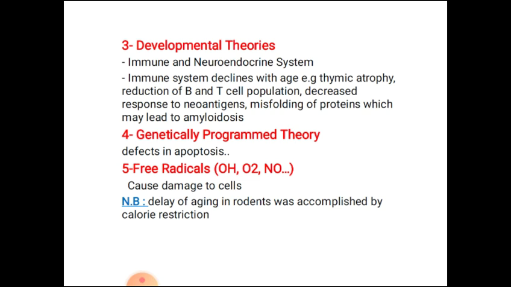Number four, genetically programmed theory, meaning a defect in apoptosis, and apoptosis is the programming of cell death. Number five, free radicals such as OH, oxygen, and NO. These also cause damage to the cell.